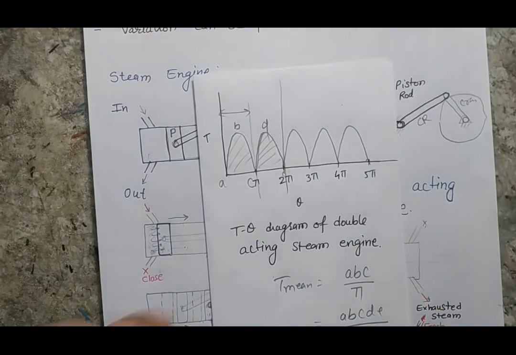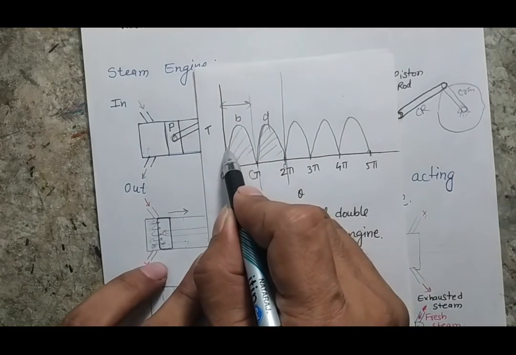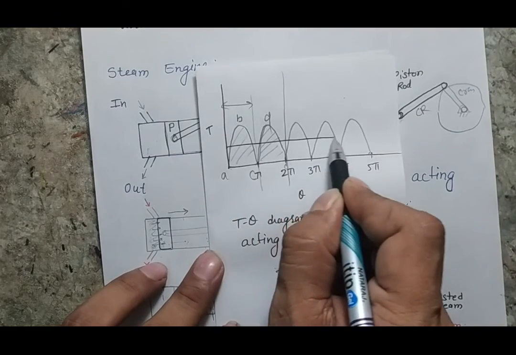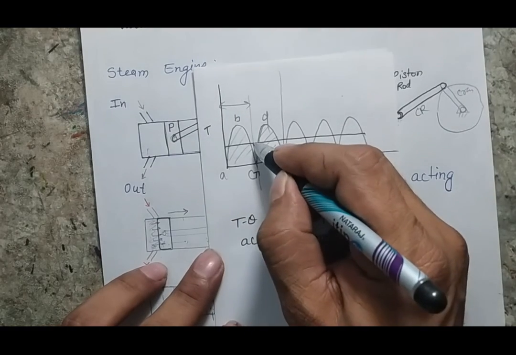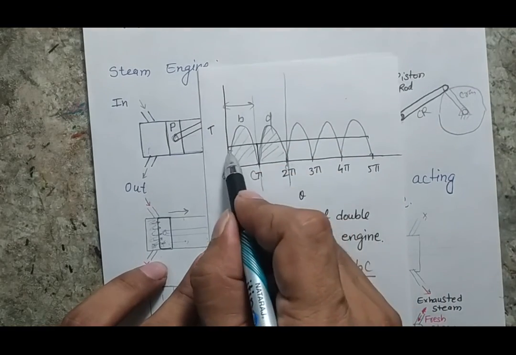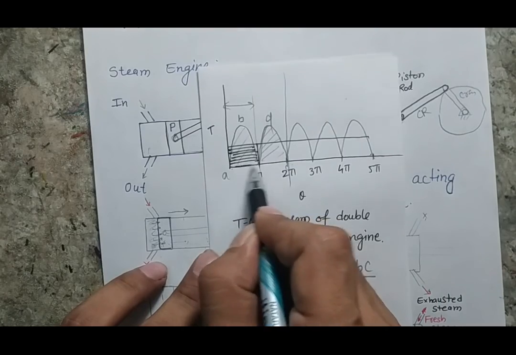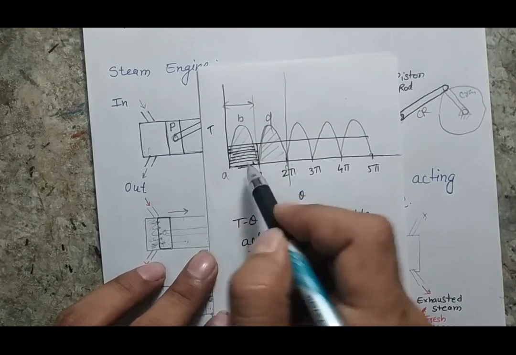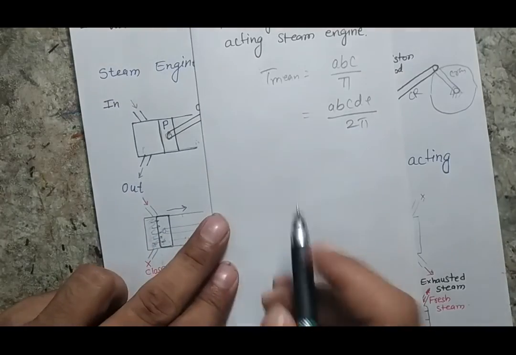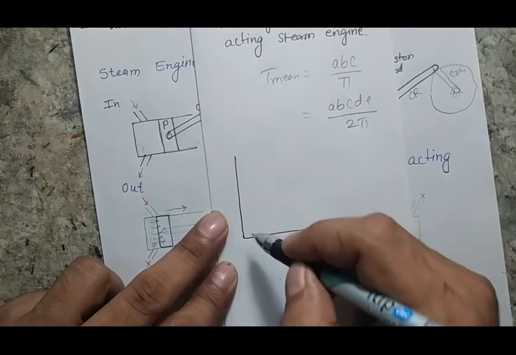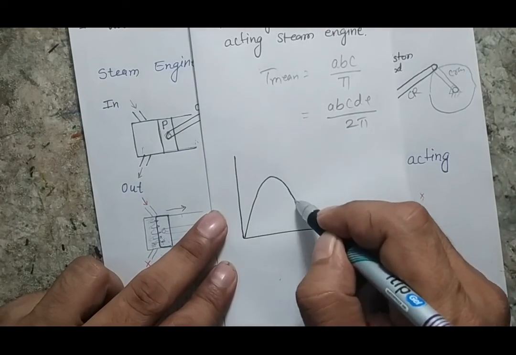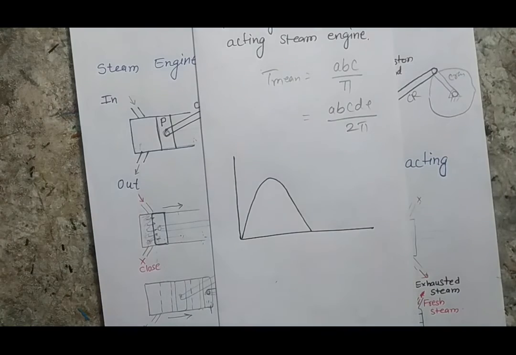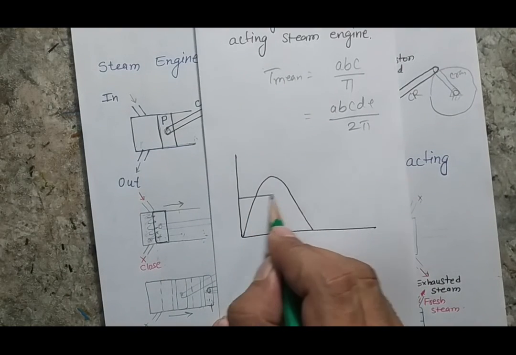Here also, if I calculate the mean torque and draw the mean torque line, whatever area is covered by this is balanced by the total area. So the exact diagram will look like this, and this would be my mean torque.